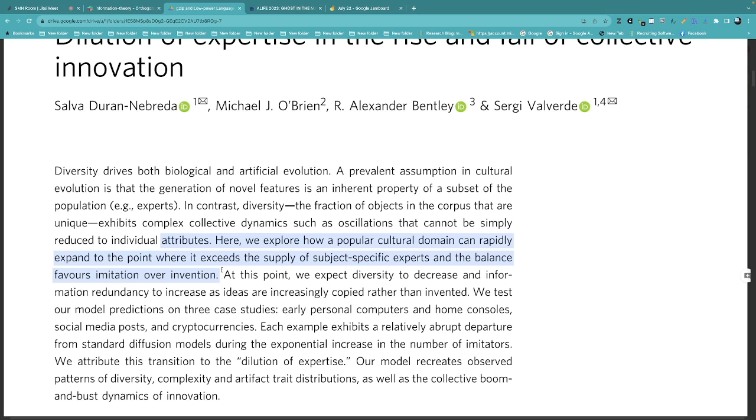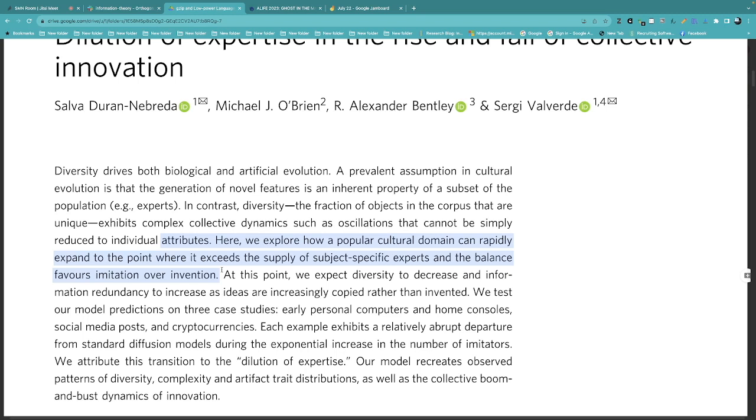And then basically you have this problem where LLMs sort of become almost tautological. They're just imitating things from the training set that are not necessarily creative, but just kind of being recapitulated. I think that's really what they're getting at here, where you exceed the supply of subject-specific experts and you favor imitation over invention.